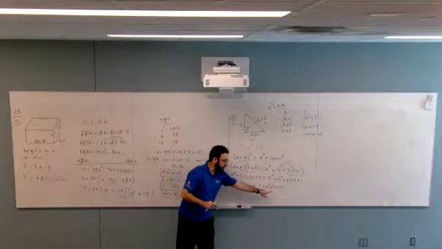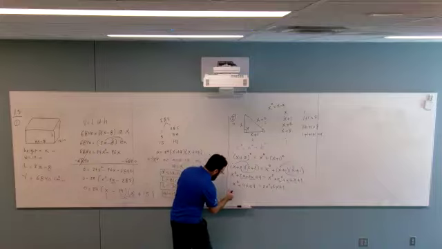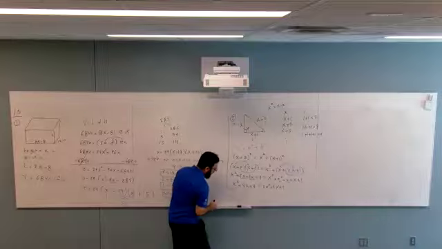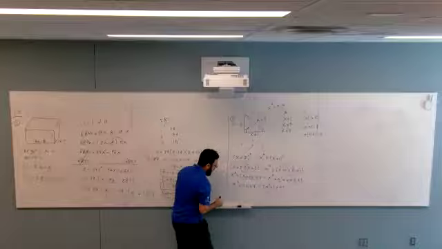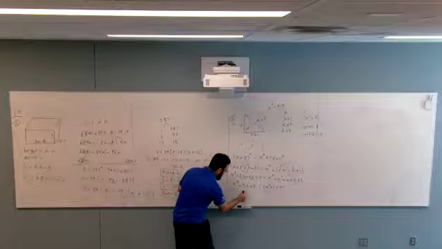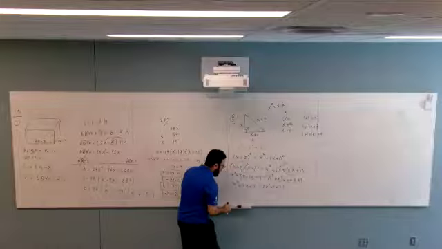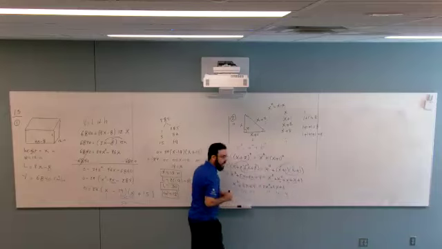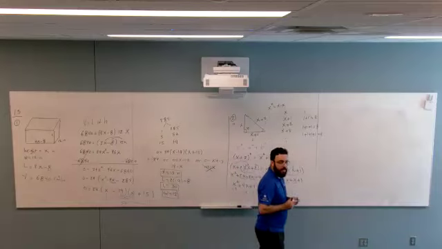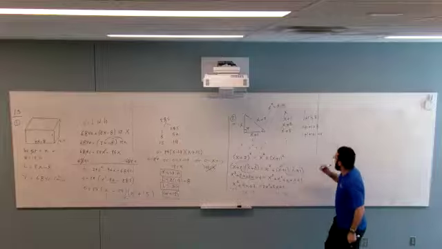I'm going to move these here, so I'm going to say minus x squared, minus 4x on this side, minus 4x on this side, minus 4 here, and minus 4 here. Is that okay? No problem? So this side now is 0.